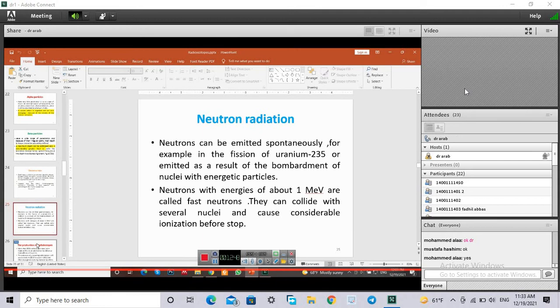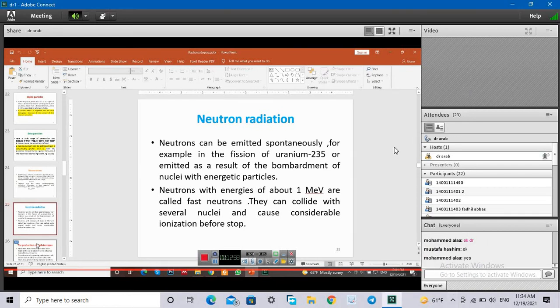I said the attenuation of gamma ray is exponential and proportional to the inverse square law. That is very important. We can conclude up to now that the penetration of gamma is higher than the beta, and beta is higher than the alpha.